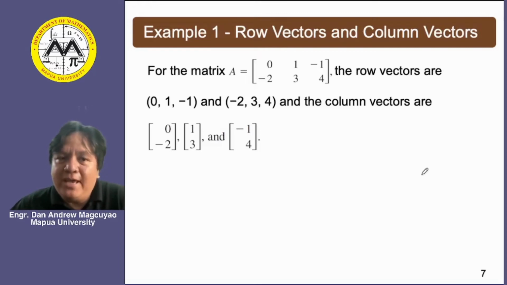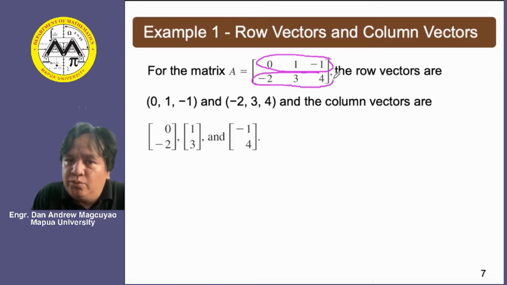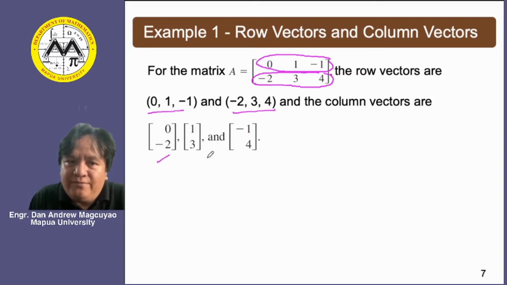For example, if we have the matrix with row vectors 0, 1, negative 1, and negative 2, 3, 4, so row 1 and row 2, these two vectors form a basis for the row space in R cubed. Now, for the column vectors, we have three vectors. So the column vectors are 0, negative 2; 1, 3; and negative 1, 4.